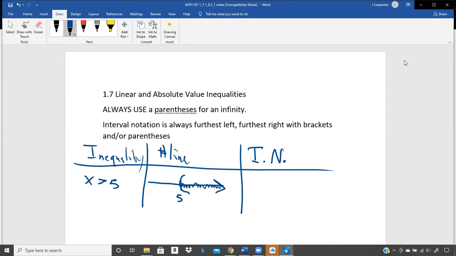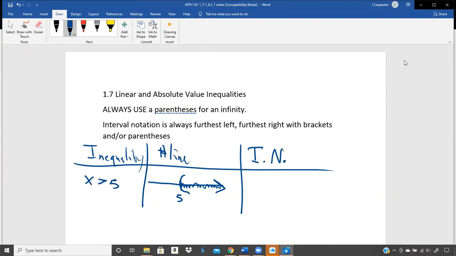Greater than, or less than, means that that number is not included. So this is known as exclusive. It excludes the 5. 5.0001 would be included, but not 5. 5.0000000001 would be included, but not 5. So this parentheses is the symbol for saying 5 is not included.